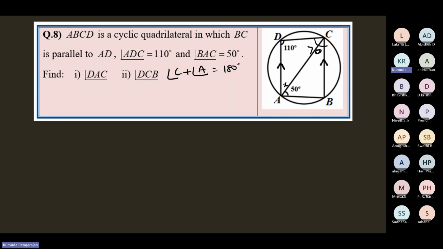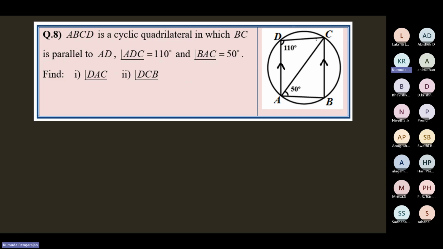So what is the whole of angle C? 70 degrees plus the whole of angle A, which is X plus 50, is equal to 180. So X is equal to 60 degrees, which means DAC is 60 degrees.